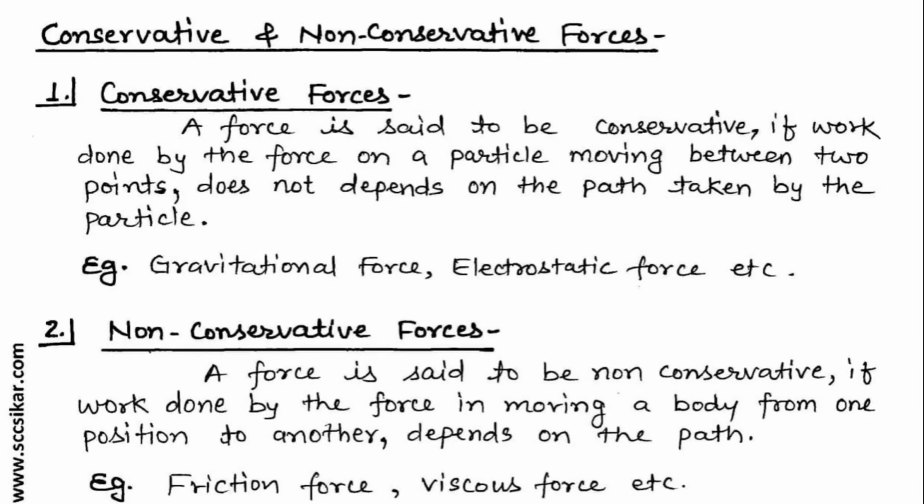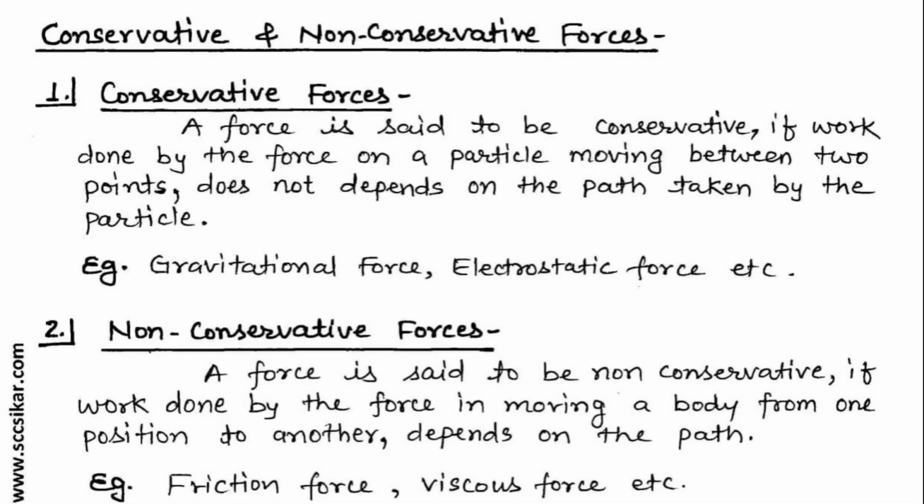There are two types of forces. One is a conservative force, and the other is a non-conservative force. Conservative forces are those for which the work done on a particle moving between two points does not depend upon the path taken by the particle; it just depends upon the final and initial positions. For example, gravitational force only depends upon the positions, it never depends upon the path.